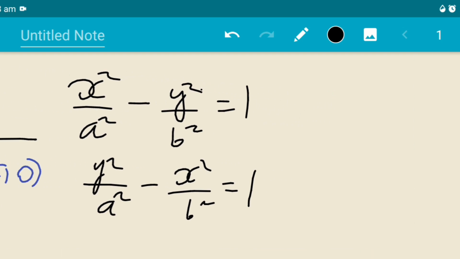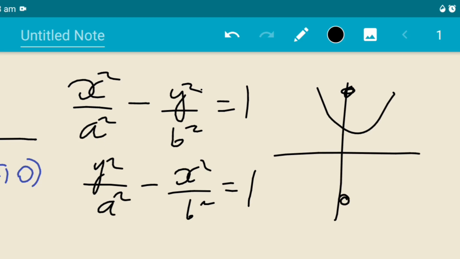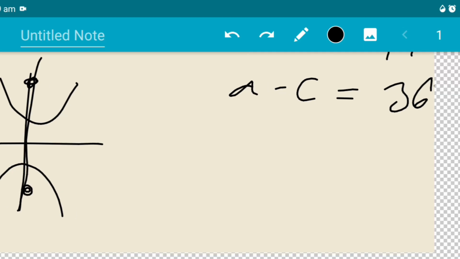Say we've got this, with your focus here and your focus there, then this will become the transverse axis. Thus your a will be under the y, not the x. With that being said, let's do some practice questions.